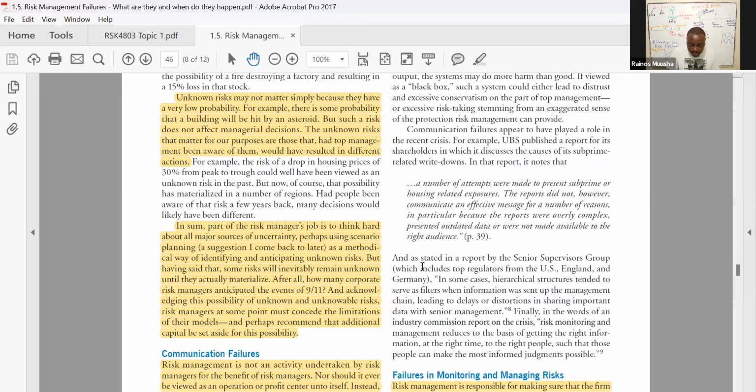And acknowledging this possibility of unknown and unknowable risks, risk managers at some point must concede the limitations of their models and perhaps recommend that additional capital be set aside for this possibility as well. So that's what we need to take into account when you look at mismeasurement of non-risks as well.